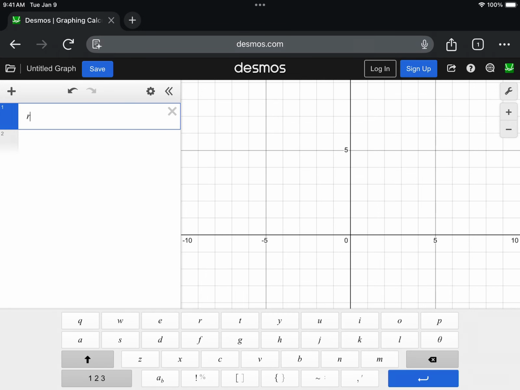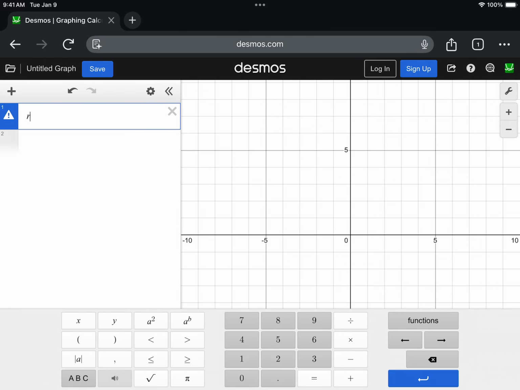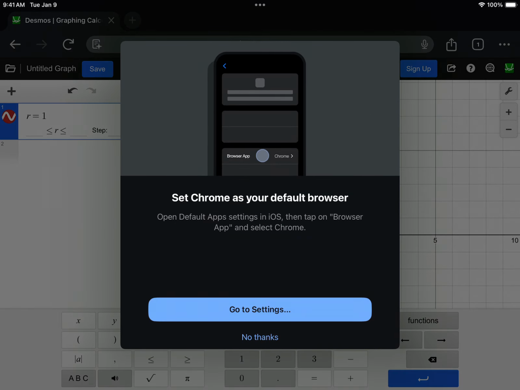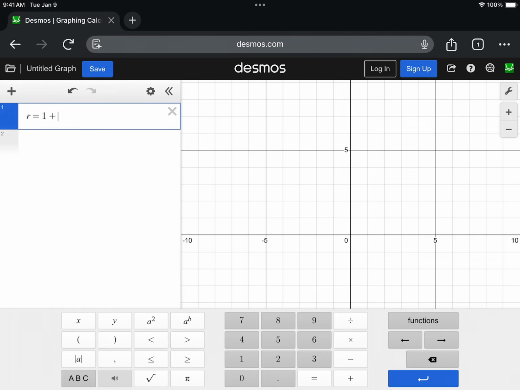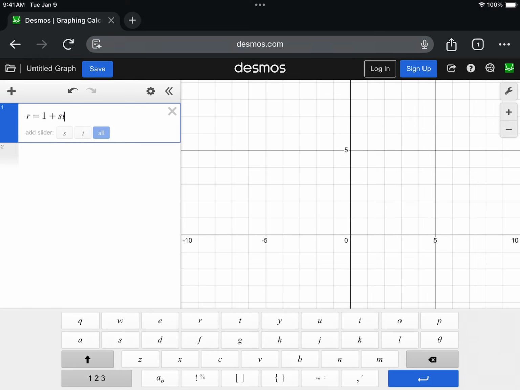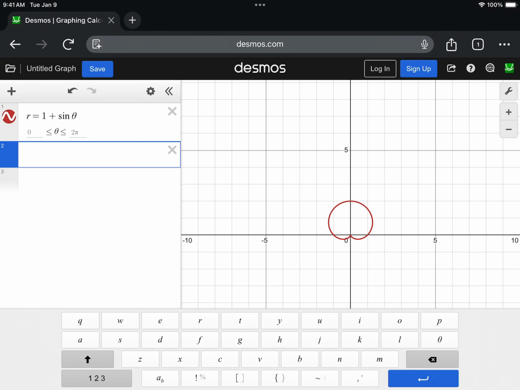So r equals 1 plus the sine of theta. So we get the nice cardioid.